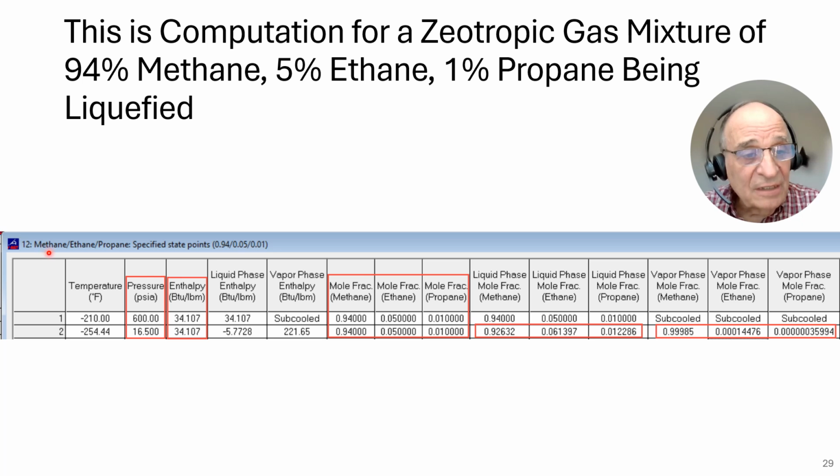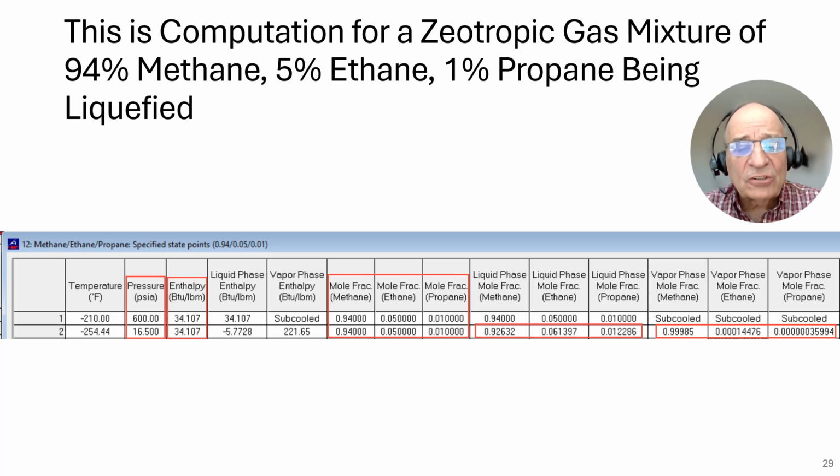That shows here, methane, ethane, propane, and this shows me that it is a molar concentration. I put in the intensive properties of 600 psi absolute and minus 210 degrees Fahrenheit, and it automatically printed out this entire row, and what it shows me is that the enthalpy is 34.107.